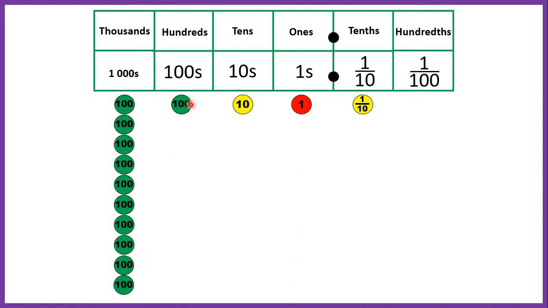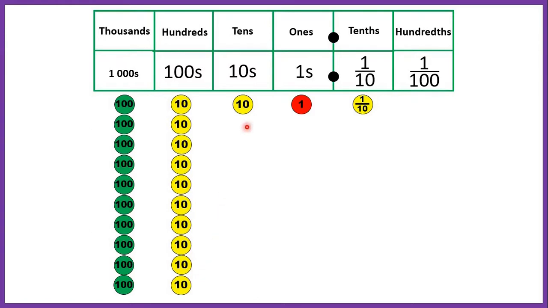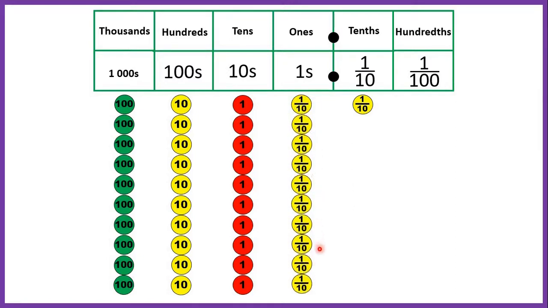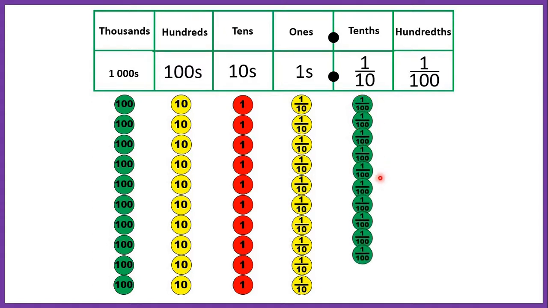If we have 100, that's the same as having 10 tens. 10 is the same as 10 ones, but this carries on into decimal place values as well. So if we have 1, that's the same as having 10 tenths. And then if we have 1/10, that's the same as having 10 hundredths.